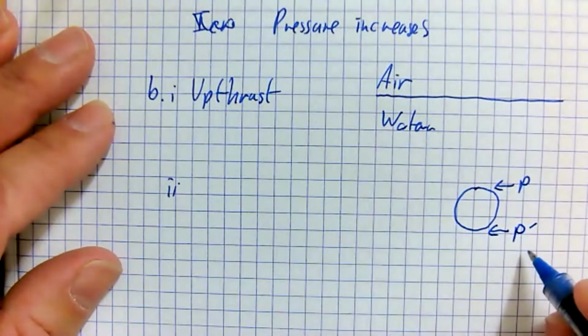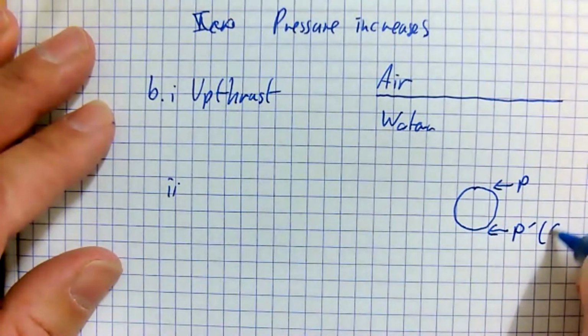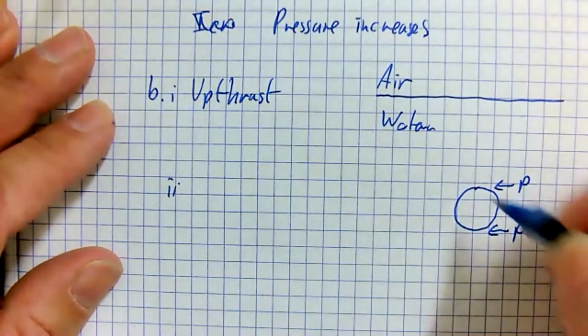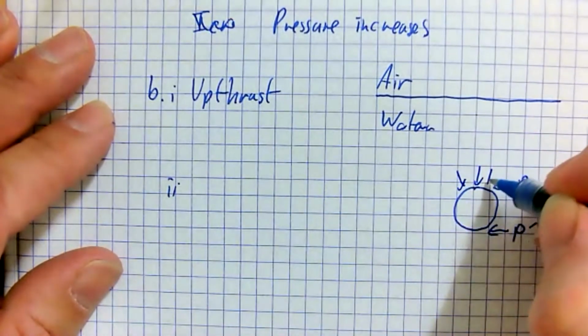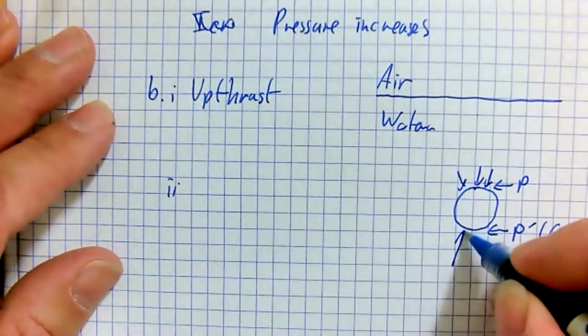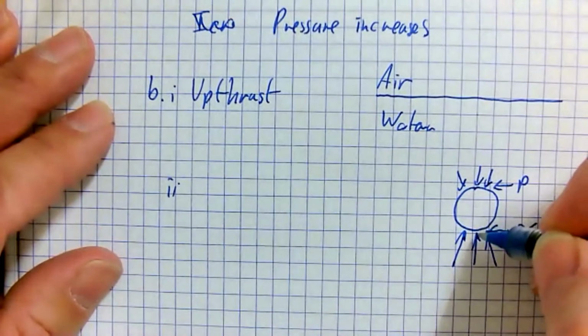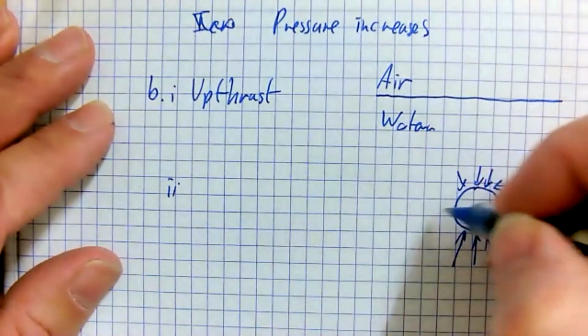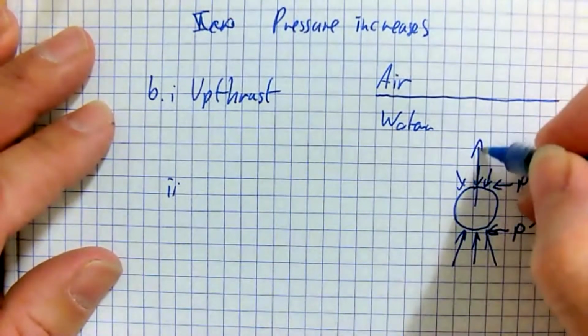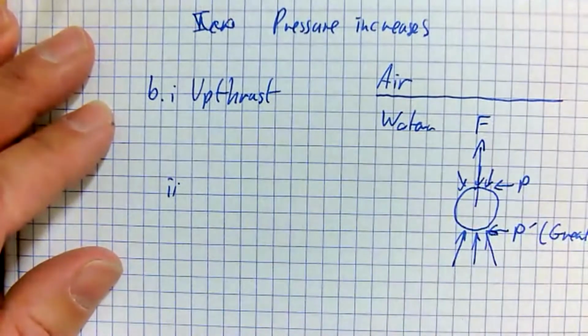But this pressure here is going to be greater because it's further down. So the pressure of the water pushing here is going to be less than the pressure of the water pushing here, which means you've got a net upward force pushing upwards. Does that make sense?